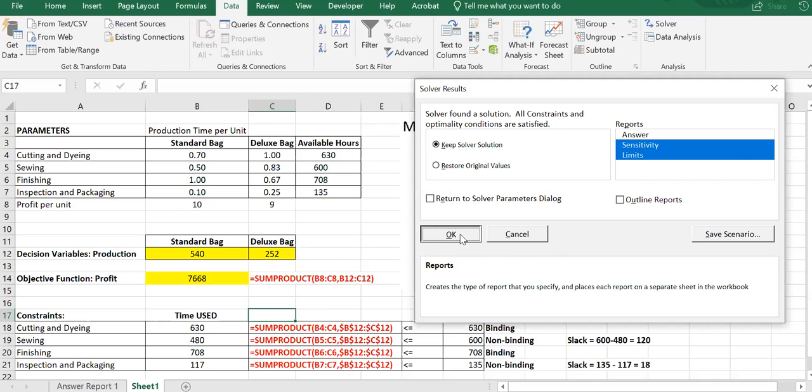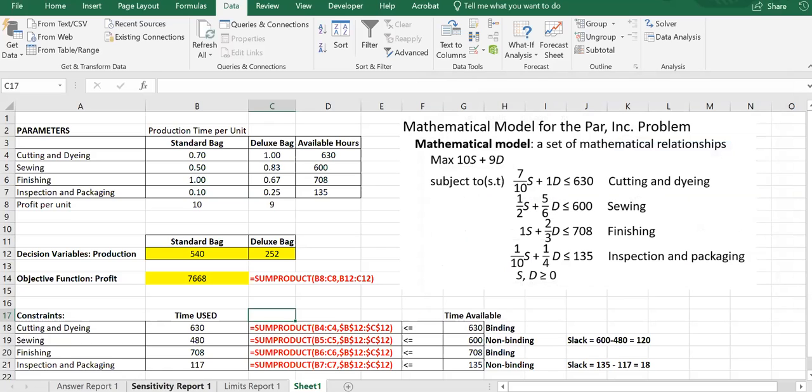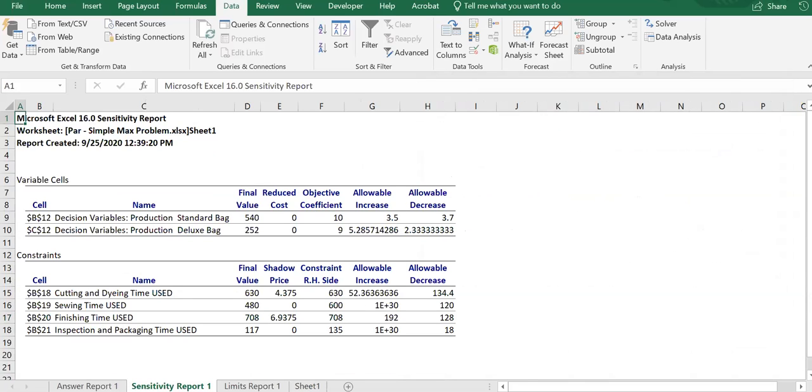All right, okay. So it's going to add a sensitivity report and a limits report to this Excel file, right? Now I'm going to go to the sensitivity report and go through these numbers one by one, trying to define them and make sure that we understand everything that is going on in the sensitivity report, and then we go to the limits report.